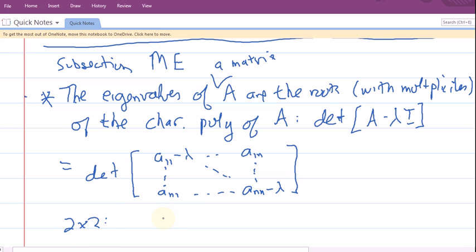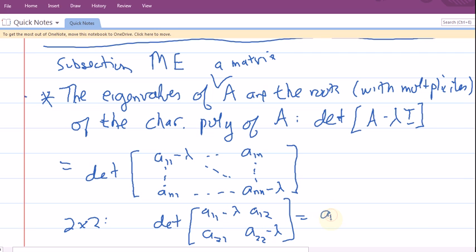For a 2 by 2 matrix, the characteristic polynomial is going to be the determinant of A11 minus lambda, A22 minus lambda, A21, A12. Now if you write this out, you're going to have the 2 by 2 formula, which is this times this minus this times this.